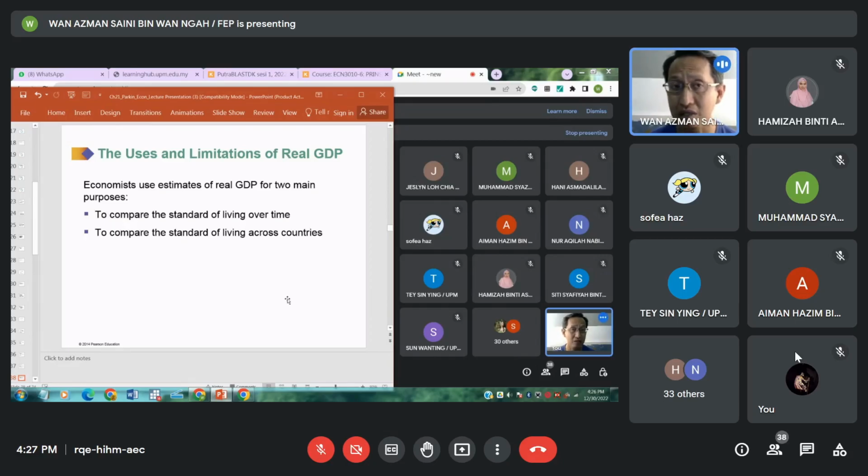These are new sectors that we need to look at. There is plenty of opportunity and room for us to tap into and grow in these industries. If India can do it, if South Korea can do it, even Thailand can sell their movies, especially horror movies. Hantu Thailand lebih realistik daripada hantu Malaysia.